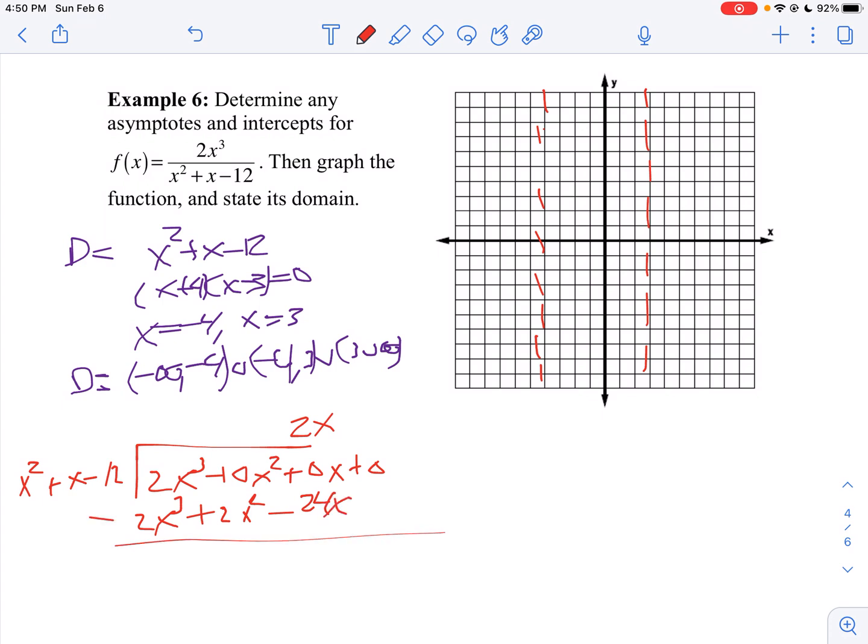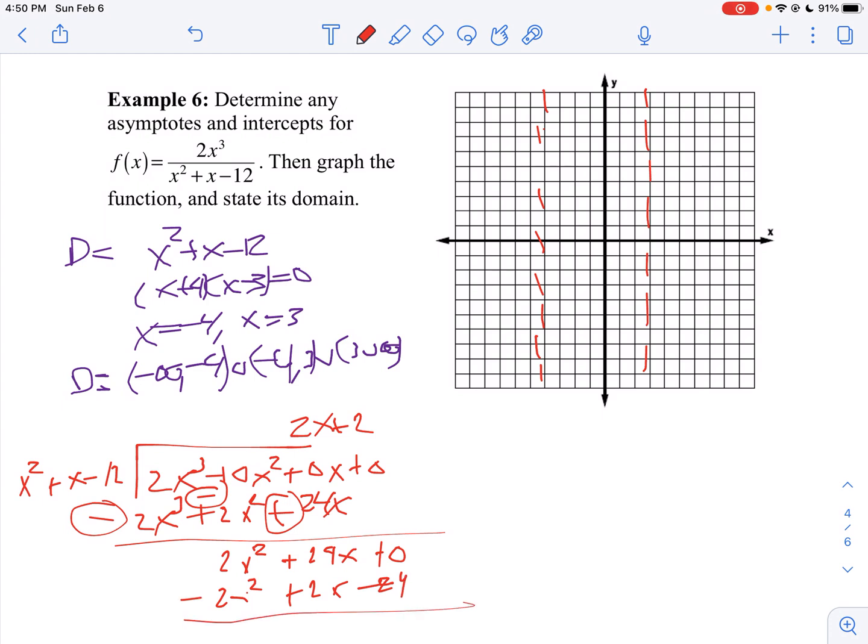Change all my signs. So then I get 2x squared plus 24x plus 0. So then I'll go a plus 2 there, won't I? So I'll get 2x squared plus 2x minus 24.